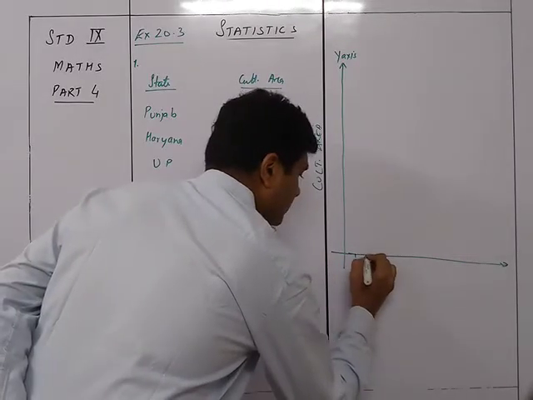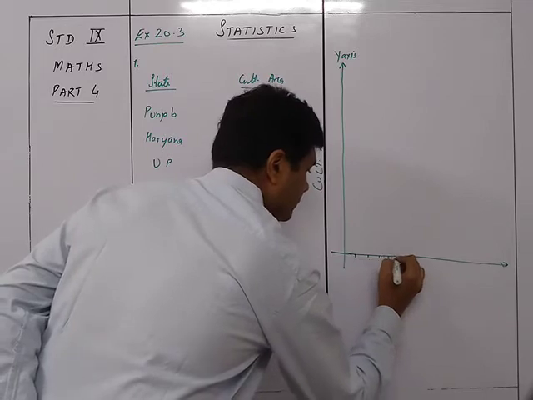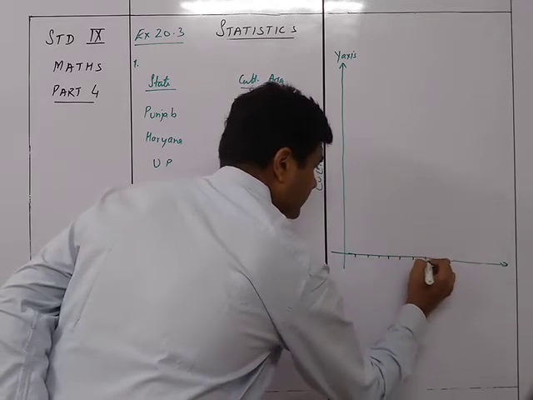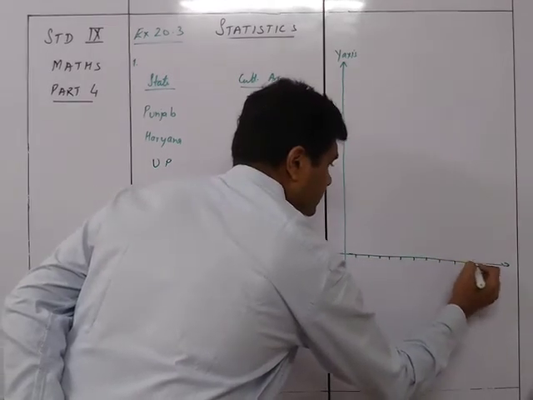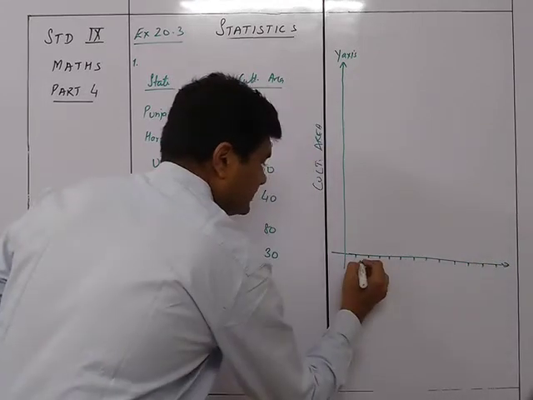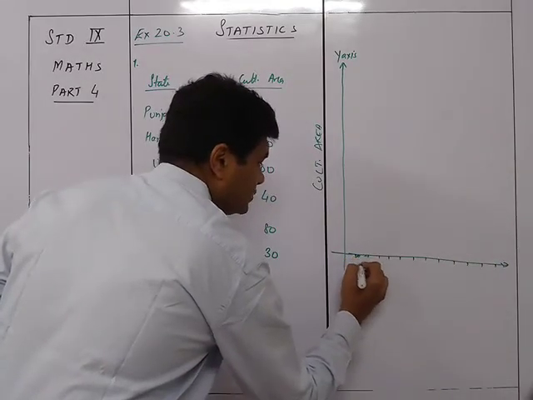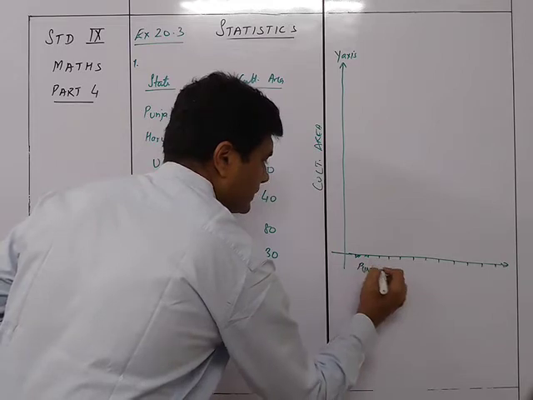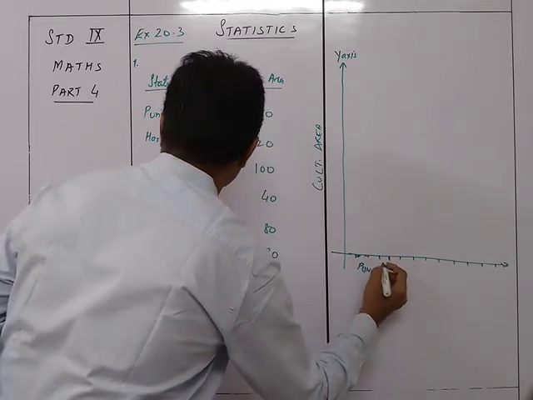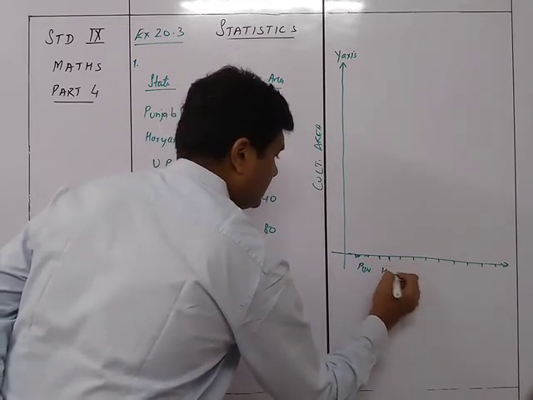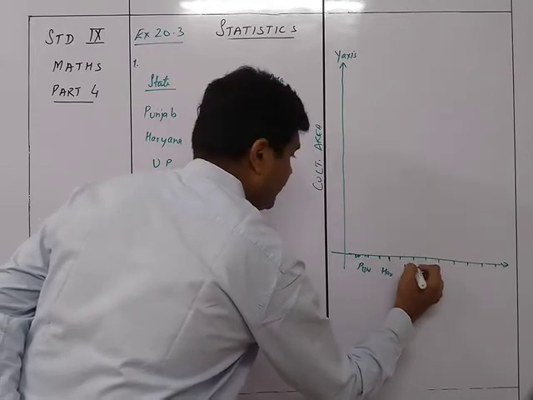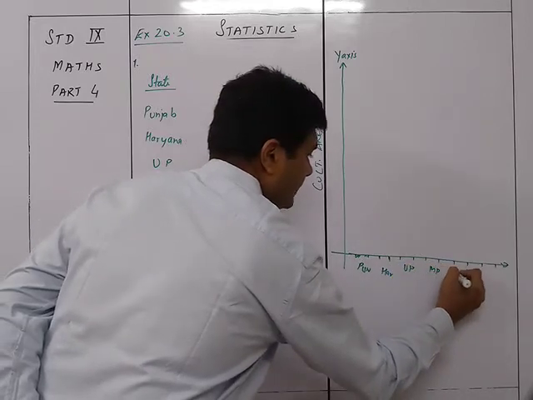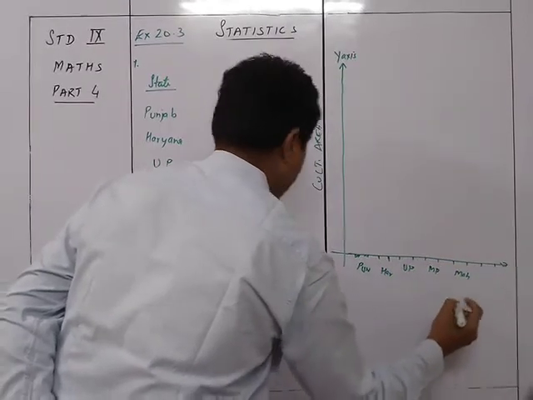So 2, 3, 4, 5, 6. Okay, so this area is Punjab, then this to this is Haryana, then it is UP, MP, Maharashtra and Rajasthan.